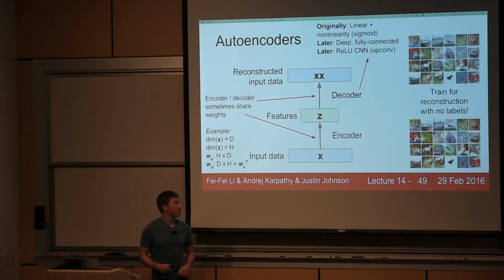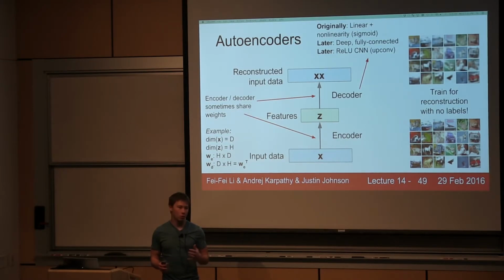Another thing that you'll sometimes see is that these encoder and decoder networks will share weights, just as a regularization strategy, and with this intuition that these are opposite operations, so maybe it might make sense to try to use the same weights for both. So just as a concrete example, if you think about a fully connected network, then maybe your input data has some dimension d, and then your latent data, z, will have some smaller dimension h.